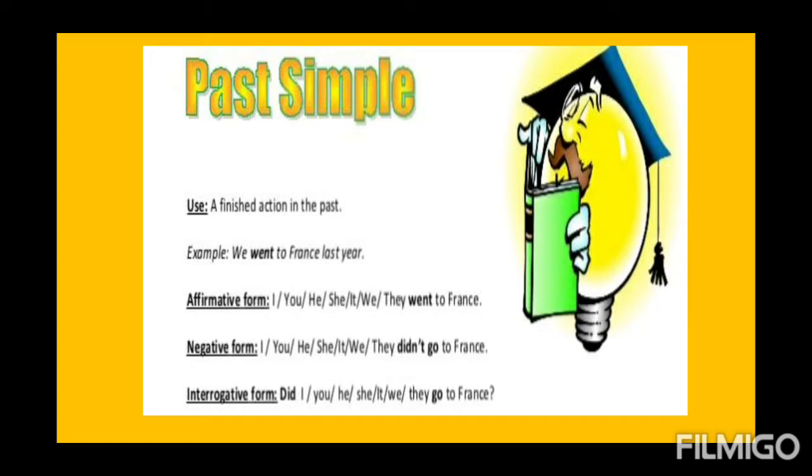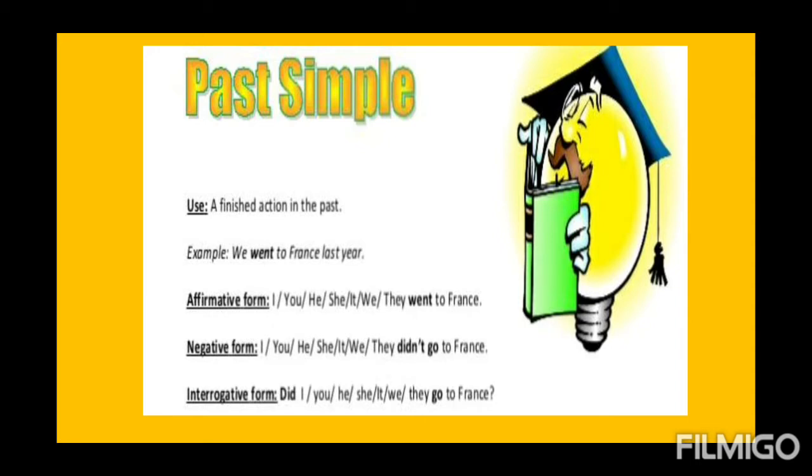We talked about the time expressions, some rules, and regular verbs, irregular verbs, verbs that end in e or d or ed or ied, and irregular verbs, verbs that completely change. We understood how to pronounce the ed at the end of the verb.